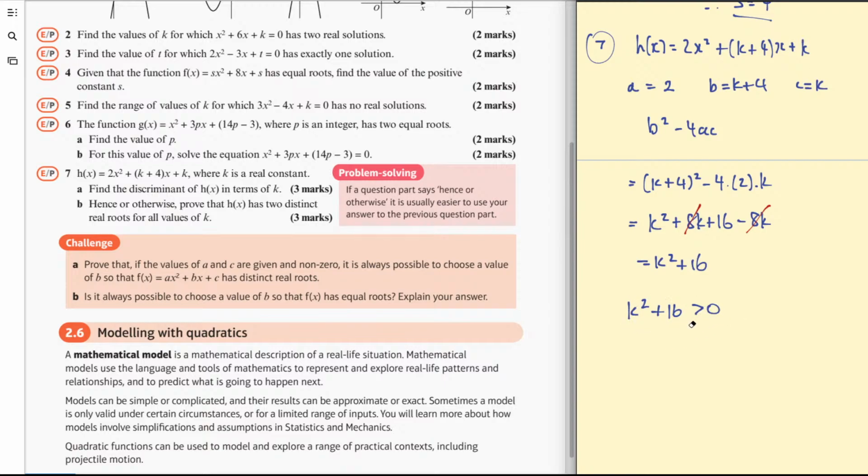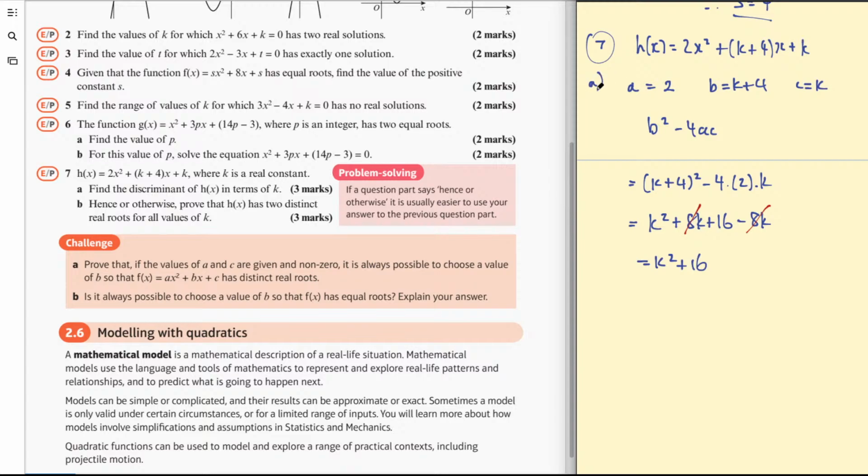This is what we need to show, but we could state this because it tells us k is a real constant. K squared must be positive, so this must be positive. Possibly I did part of part B in part A, so possibly that simplifying was part of part B. So all values of k, positive and negative. K could be negative or positive.